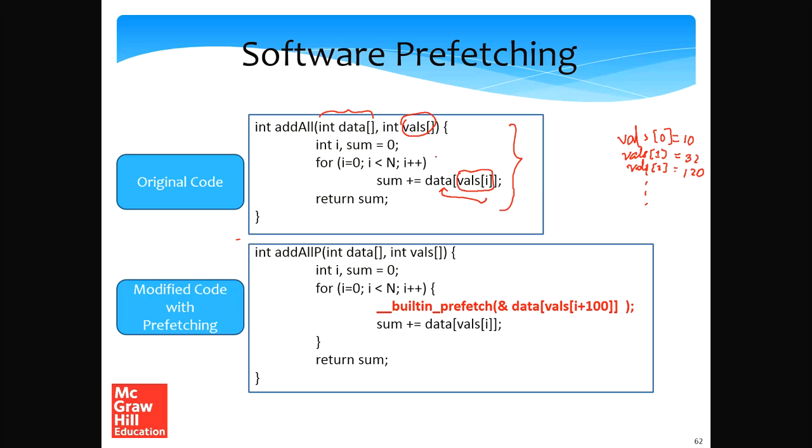Because entries are being accessed randomly in the data array, we'll have a lot of cache misses. So this kind of code, where we have a double indirection, in the sense that the index of the data array is itself an array element, is very common in scientific code. It's called an irregular array access.